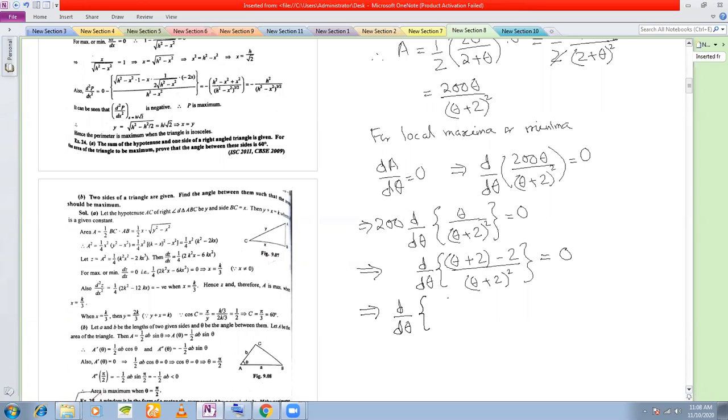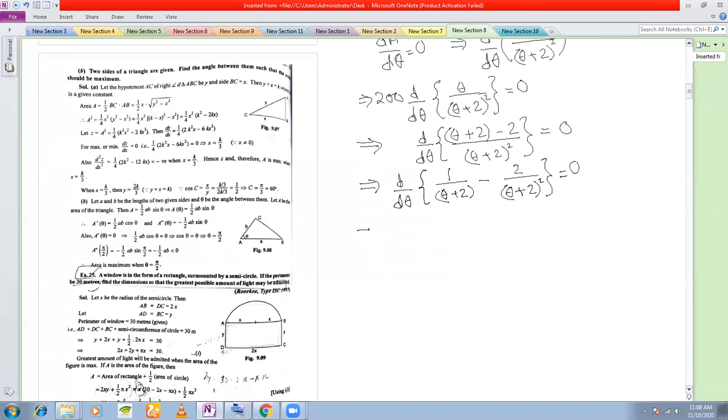Now if you separate, you will get 1 by (theta plus 2) minus 2 by (theta plus 2) whole square. Remember this method or not? The differentiation of this is minus 1 by (theta plus 2) whole square, since the differentiation of 1 by x is minus 1 by x square.